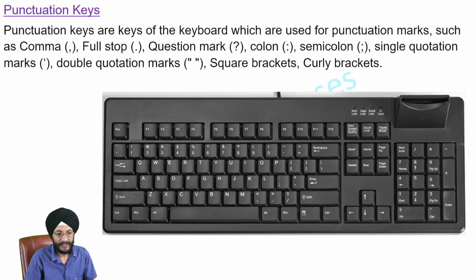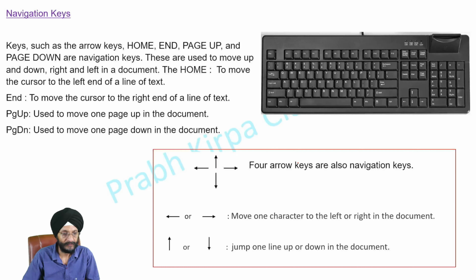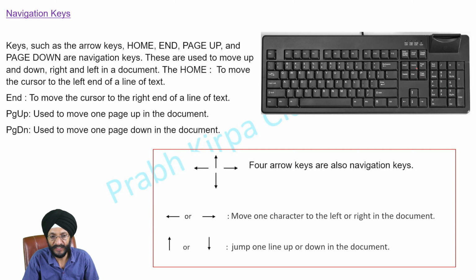Now there are other keys which are known as punctuation keys. These are used for punctuation marks. That is, these are the punctuation keys which are there. Then there is another set of keys which are known as navigation keys.